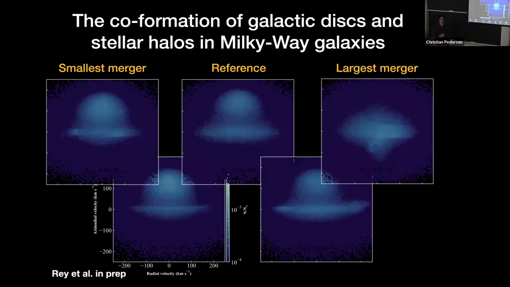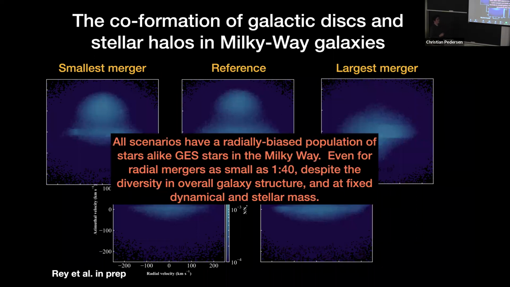And also, would you have expected to see this pattern given how different the galaxies all look? Right. So I'm still at the point where I don't fully understand this, but what seems to happen is all the scenarios have this radially biased population that resembles the Gaia-Enceladus stars in the Milky Way, even when the radial mergers are way, way, way smaller than the merger ratio inferred for the Milky Way, despite a massively different galaxy structure in each case, and all at fixed dynamical and stellar mass.